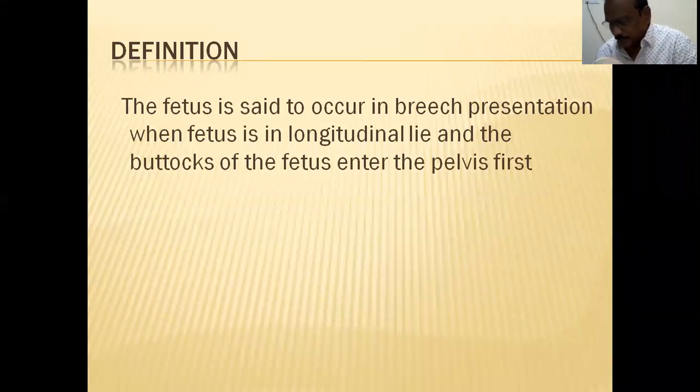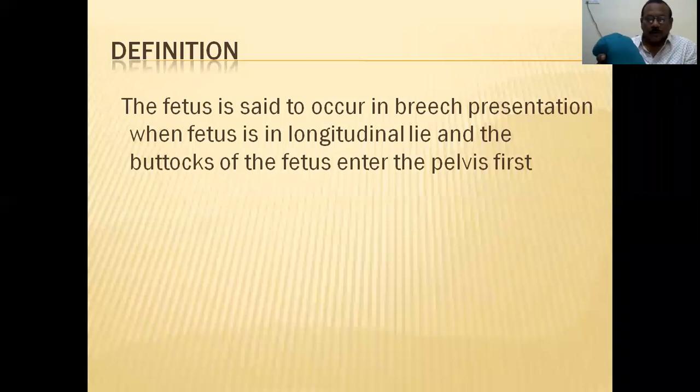To show you, this is the pelvis. This is the breech presentation. This is the head of the fetus, this is the breech, and this is the back of the fetus.